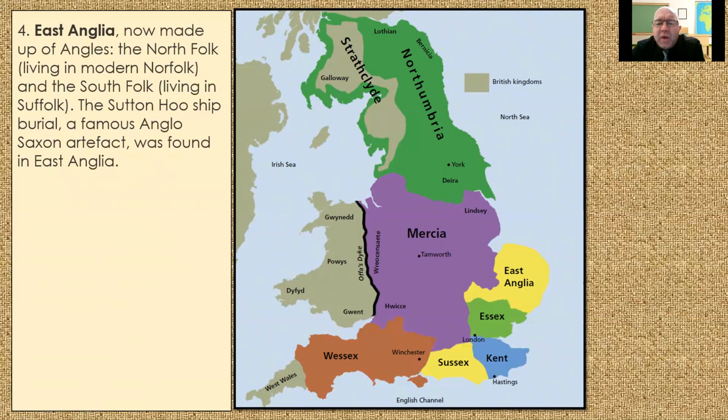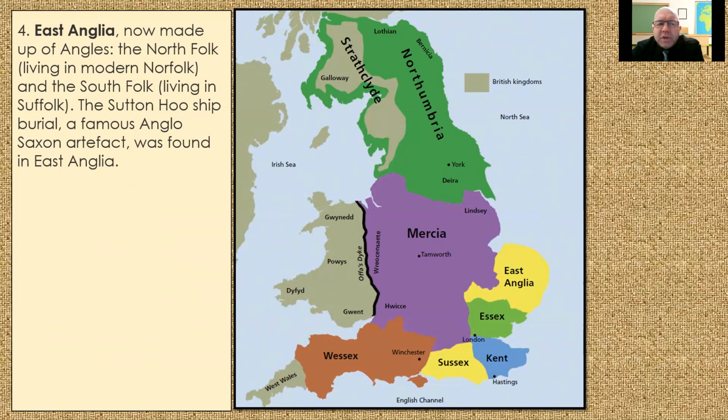And East Anglia is where the Sutton Hoo ship burial was found. Now, the Sutton Hoo site is a very, very famous archaeological site. An Anglo-Saxon burial ship was unearthed, was dug up, full of artifacts. And it's helped us learn a lot about our Anglo-Saxon predecessors.